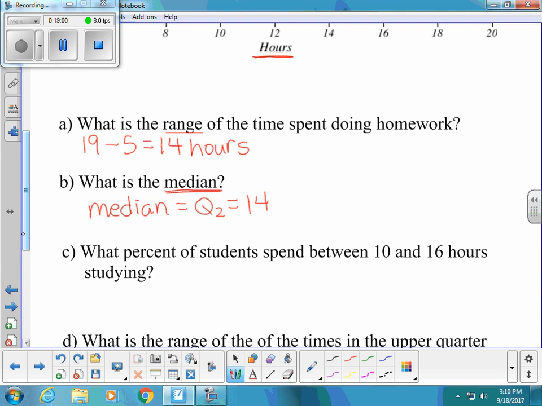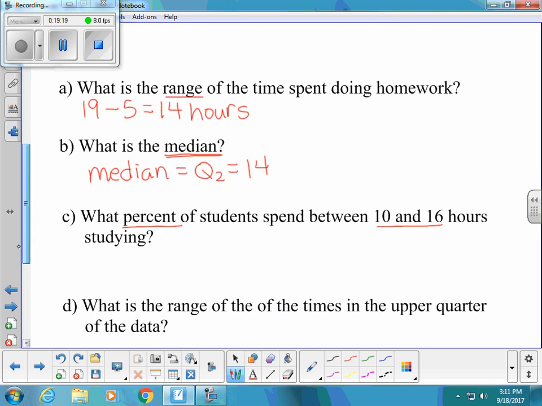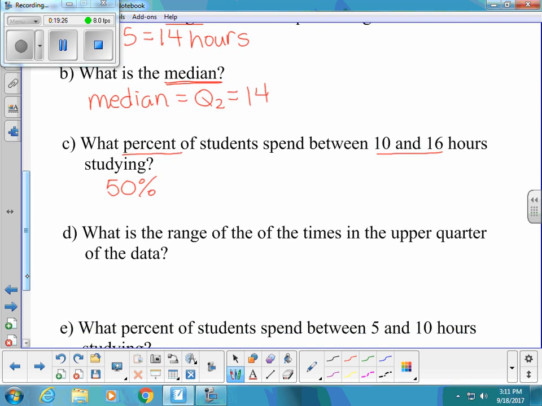Next question is a percent question. What percent of students spend between 10 and 16 hours? So here's 10, and here's 16, and the percent would be 2 25s, so that's 50%. Next question says range again, so that's high minus low.